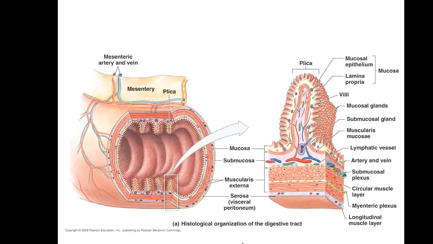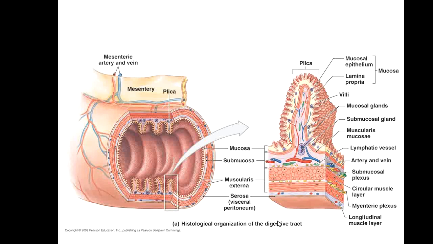What will we learn in this large intestine? The large intestine has the same anatomy, transverse section, just like the small intestine. This roughly represents the internal structure of both the small and large intestine, in which you can see the plicae, the villi, and probably also the microvilli, but the microvilli are not visible.